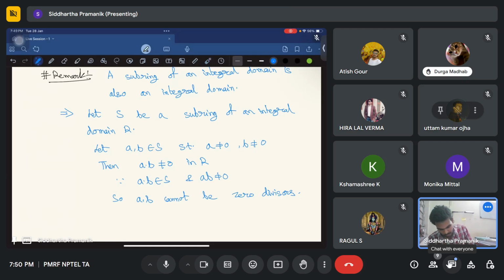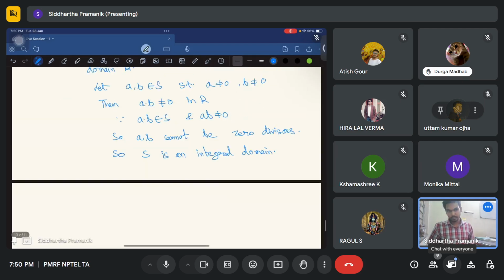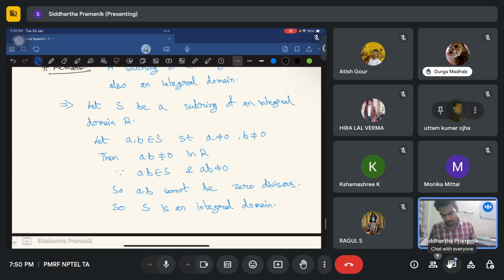So S is an integral domain. I hope this is fine.